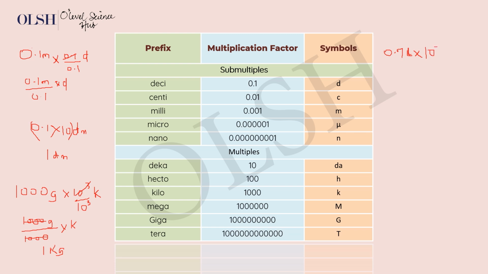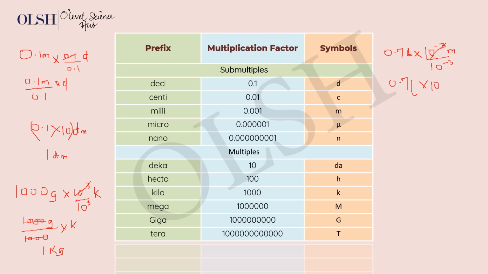All right, so we have this divided by 10 raised to the power minus 3. Of course, we can take out the top one to bring in our milli. We have milli now. Then we take the 10 raised to the power minus 3 denominator into that other number, and what do we have? This is 0.7 liters times 10 raised to the power 3.